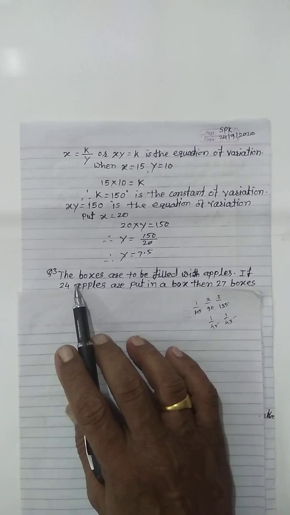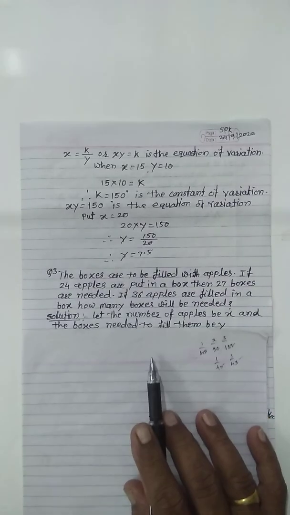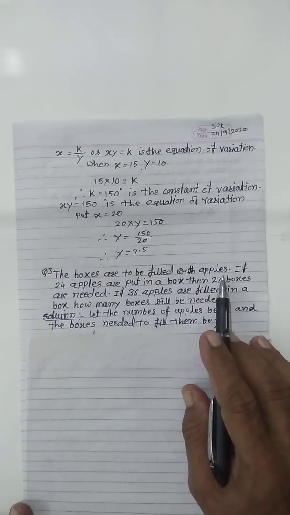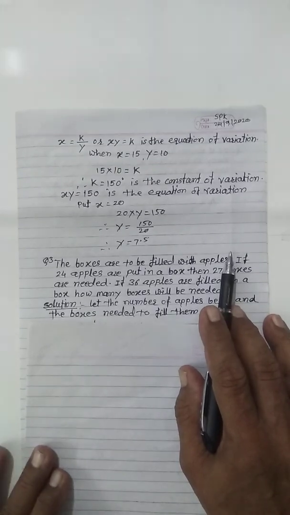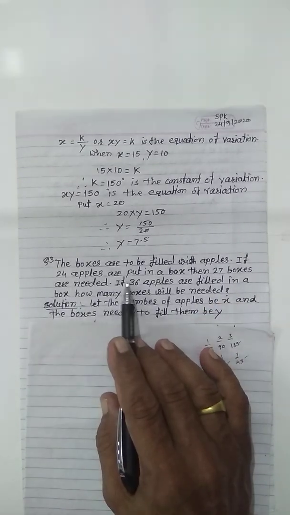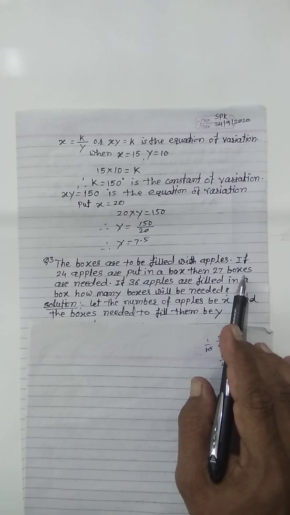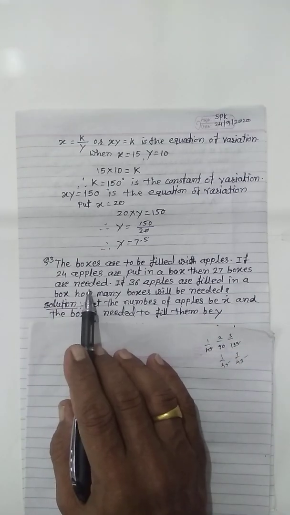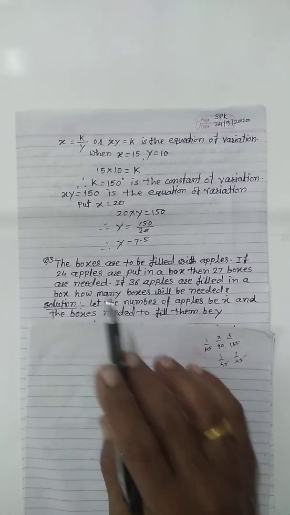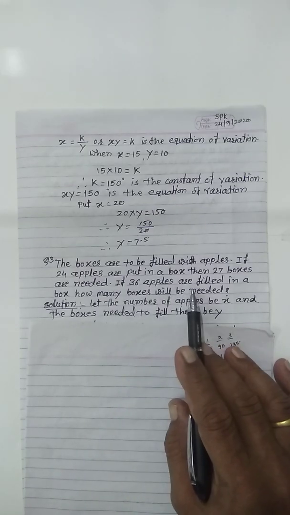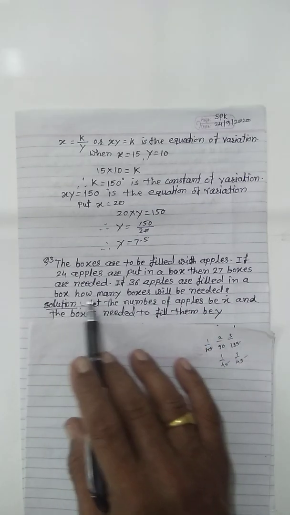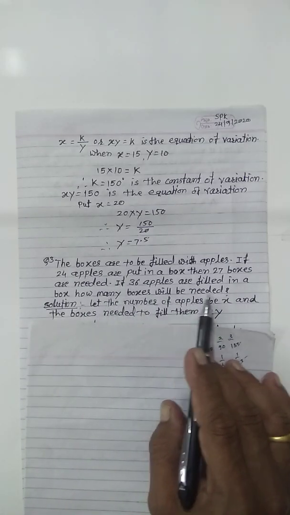Then take a third example. The boxes are to be filled with apples. If 24 apples are put in a box, then 27 boxes are needed. If 36 apples are filled in a box, how many boxes will be needed?